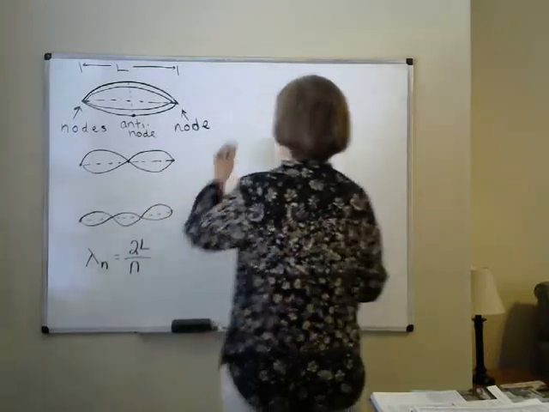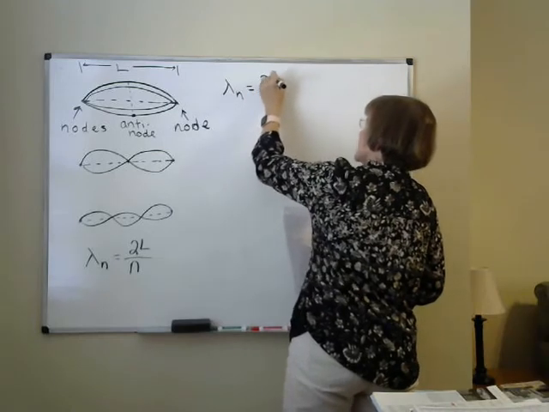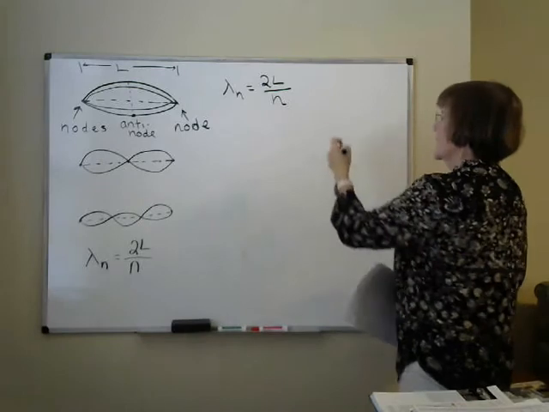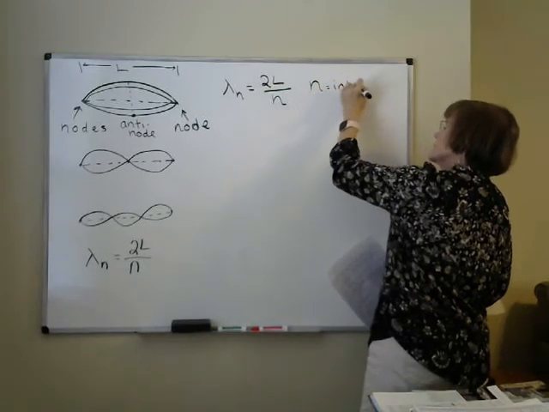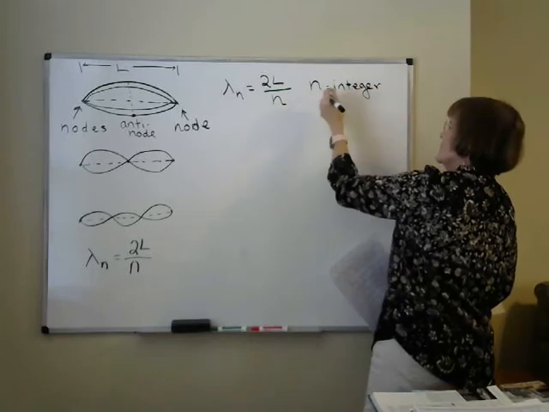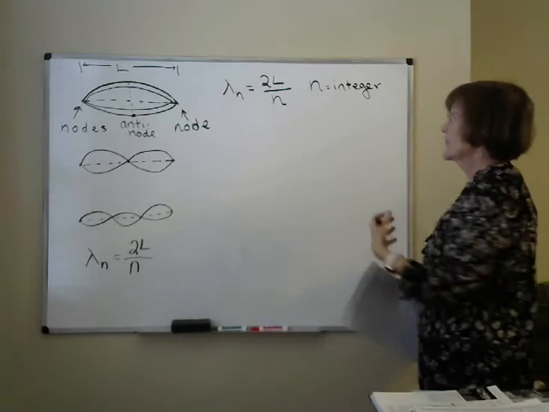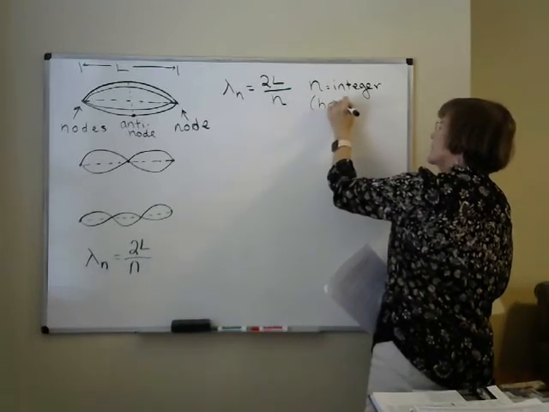If we know that the wavelength can always be found by doing 2L divided by N, where N is the number of bumps, N has to be an integer. Really, we start with 1, so it really has to be a natural number. And of course, this is the harmonic number.